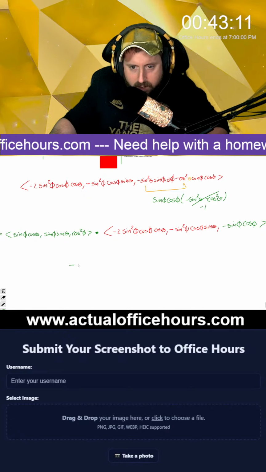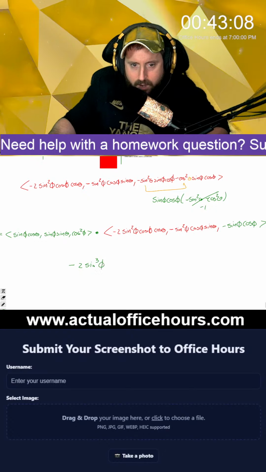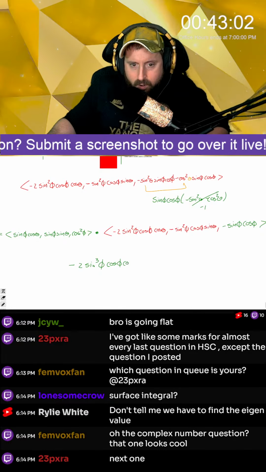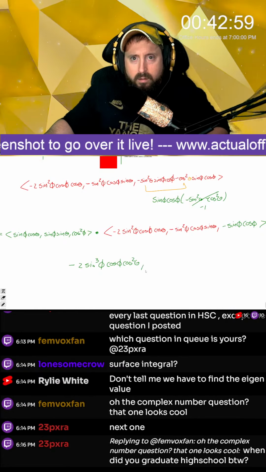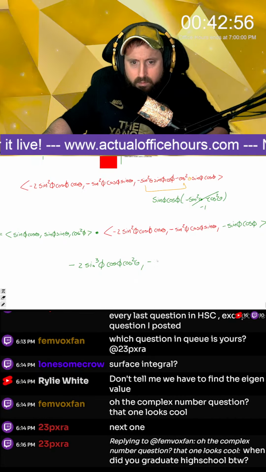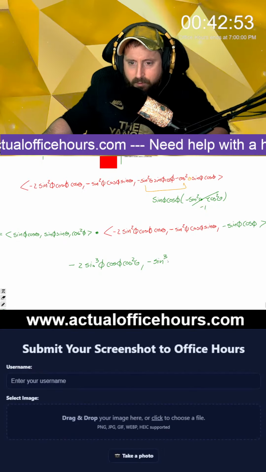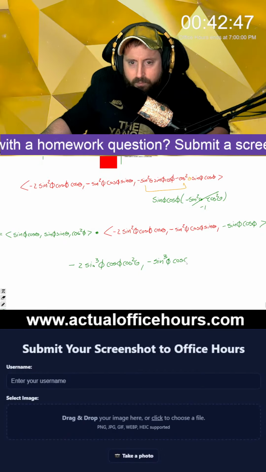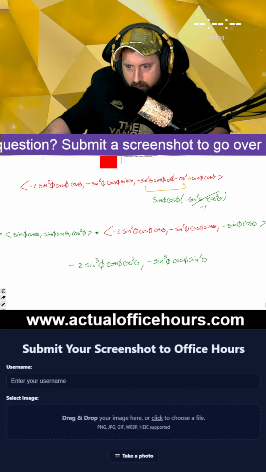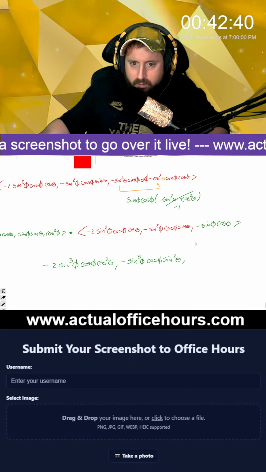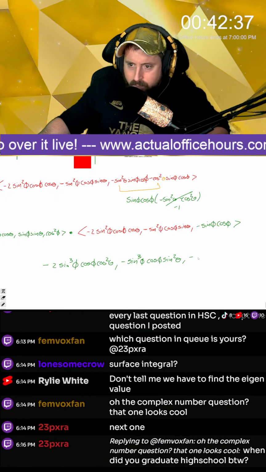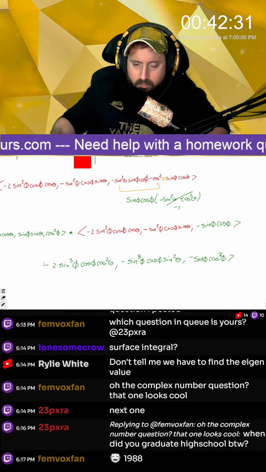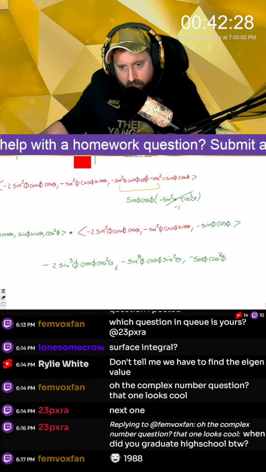That's going to be negative 2 sine cubed phi cosine phi cosine squared theta, comma, negative sine to the third phi cosine phi sine squared theta, cool, comma, negative sine phi cosine cubed phi. Oh, and those are all added to each other, so it's a dot product.